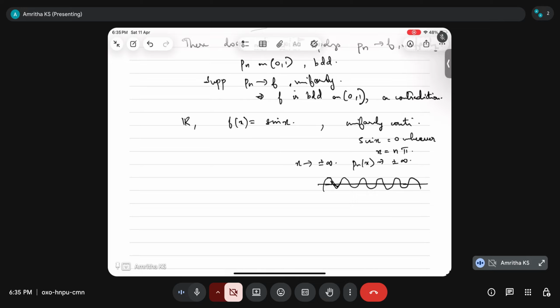So what happens is this sin x would stay in between -1 and 1, but the polynomials would go unbounded.